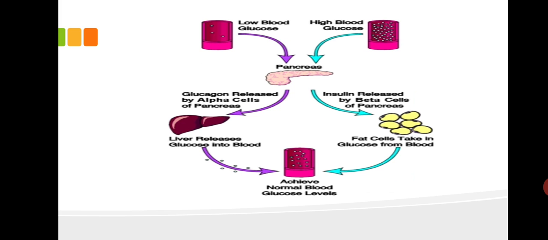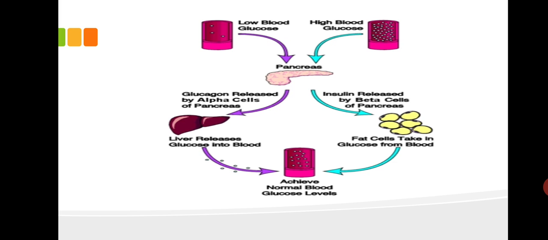The pancreas is a gland situated near the liver. This gland has two types of cells, alpha cells and beta cells. The alpha cells control the production of glucagon, but beta cells control the production of insulin.